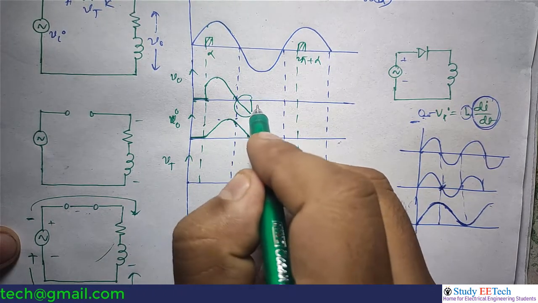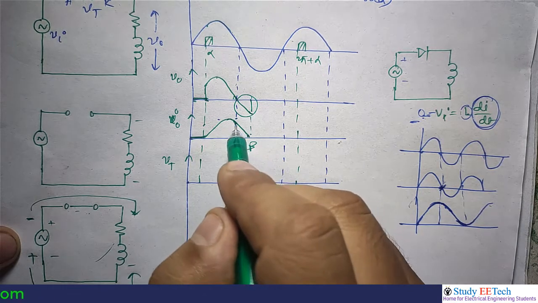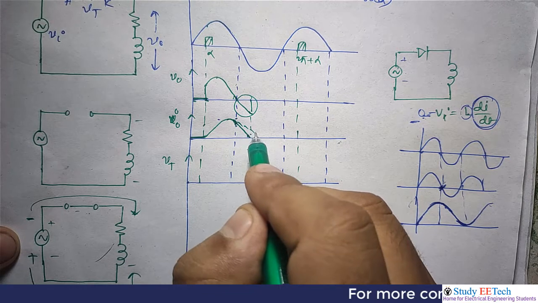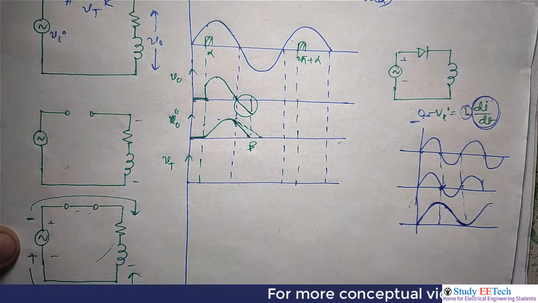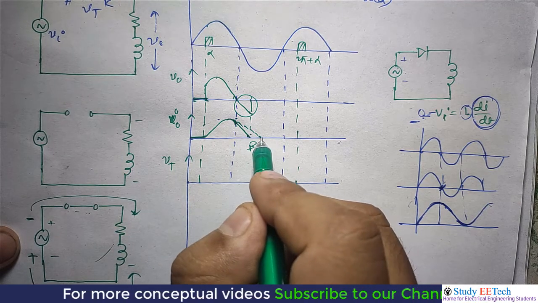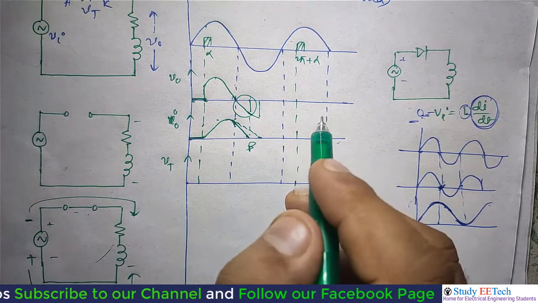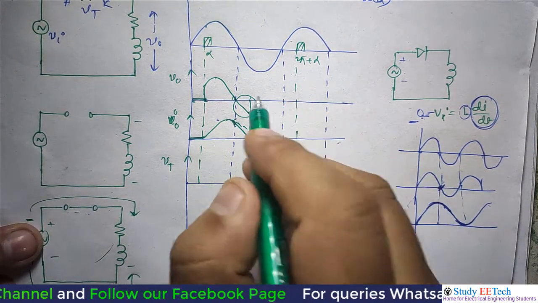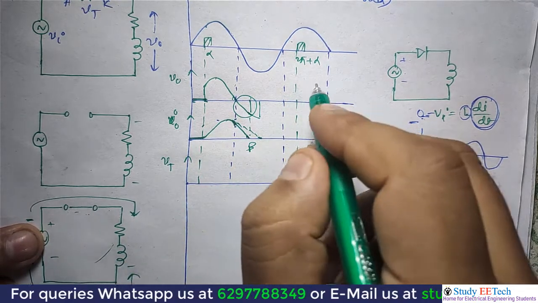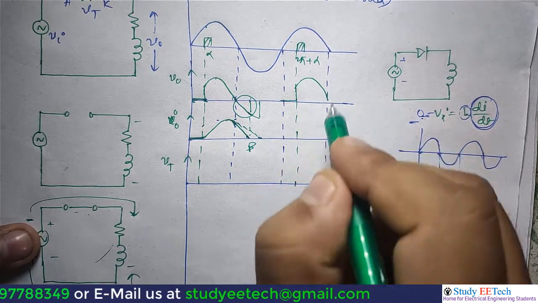The negative swing will be more if the inductance value is more, because in that case we will get more lagging or delaying current, and so more negative swing. So this will be the voltage across the thyristor, the voltage across the load and the current at the load. And the same thing will happen in the negative half cycle also.